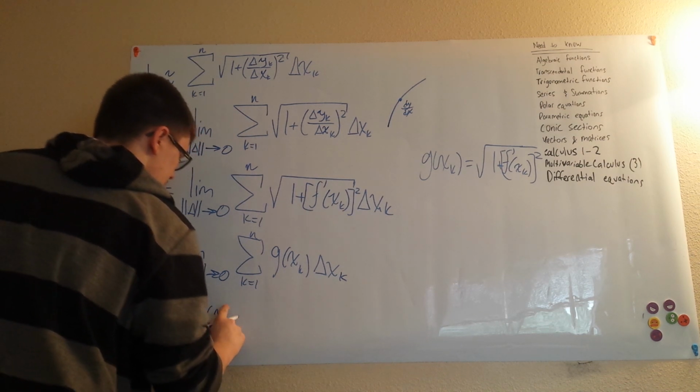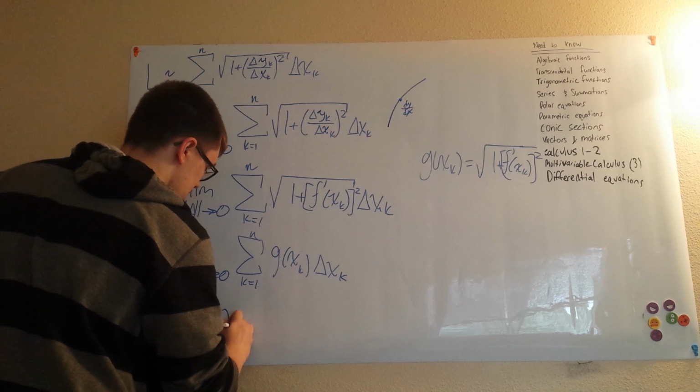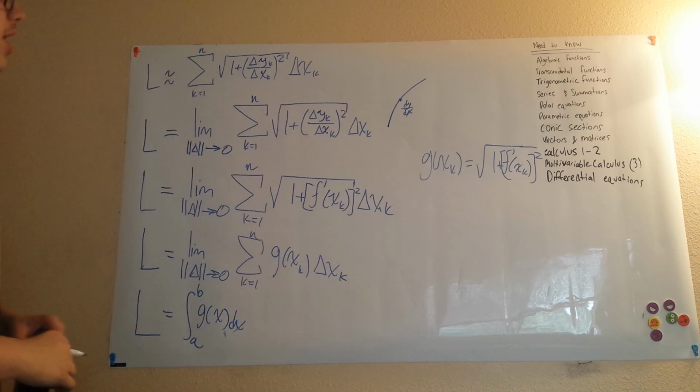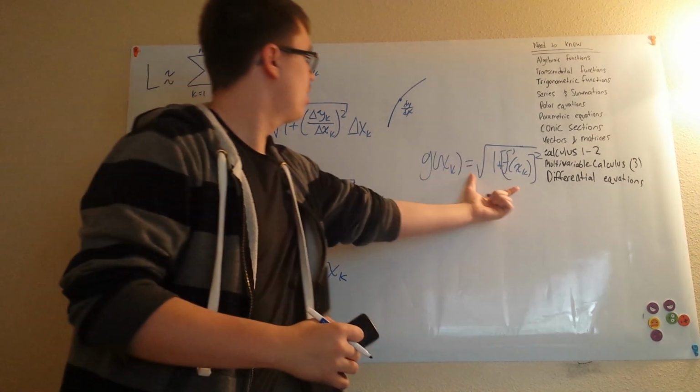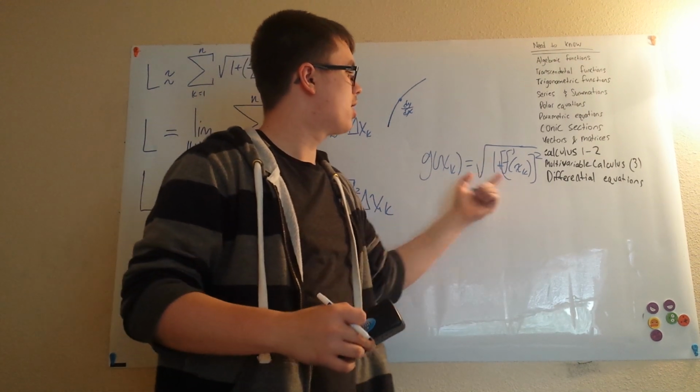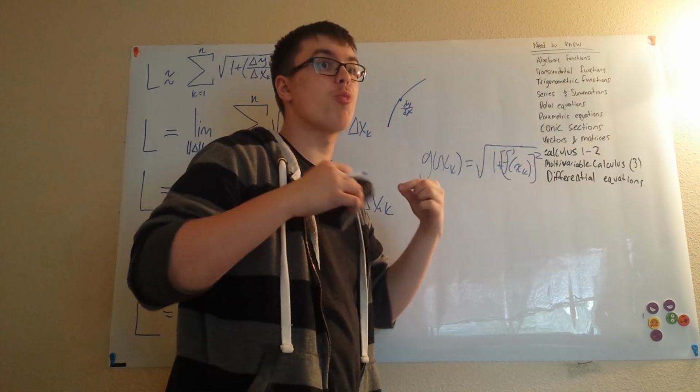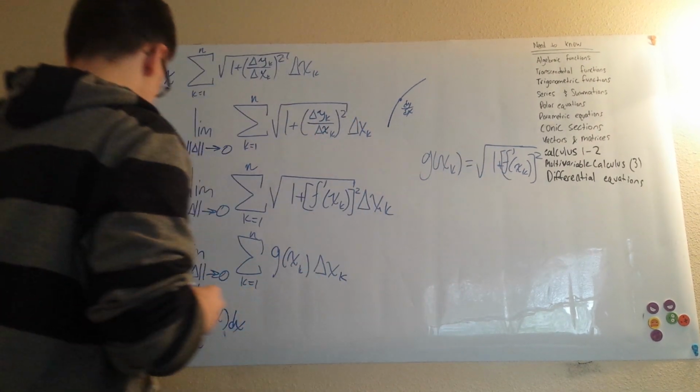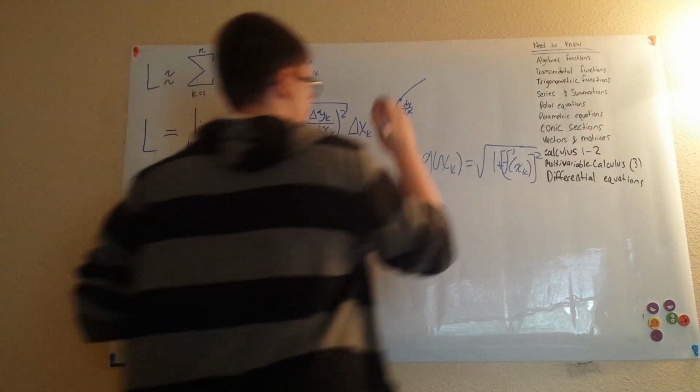It's just g of x dx now. Wait, let's make the substitution back. What's g of x? It's the square root of 1 plus f prime of x squared. Let's substitute it in.